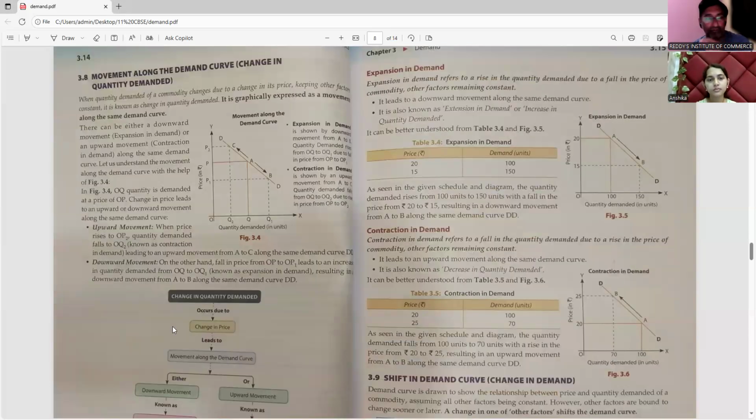The most important thing in economics is that you have to remember the diagrams. Once you remember that diagram, after that you can write down anything on the diagram. Change in quantity demanded occurs due to change in price, and it leads to movement along the demand curve.